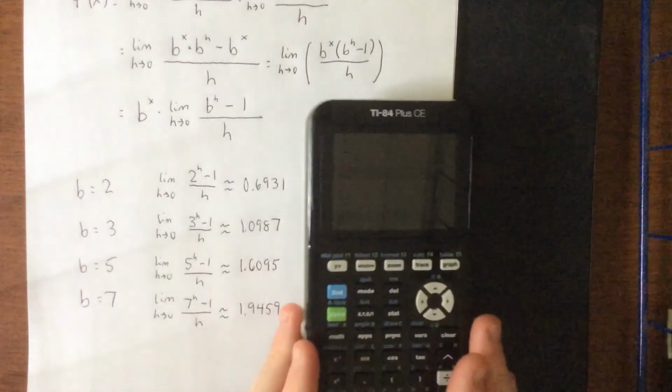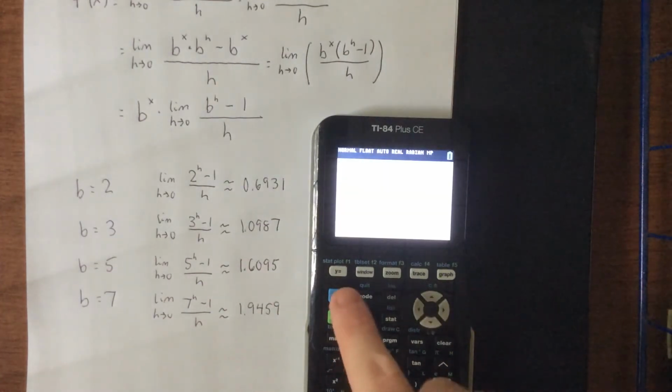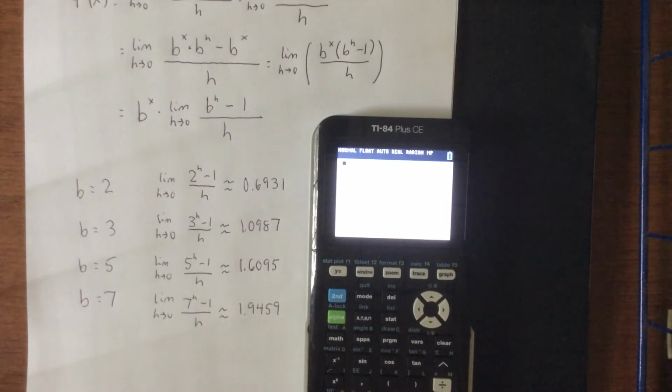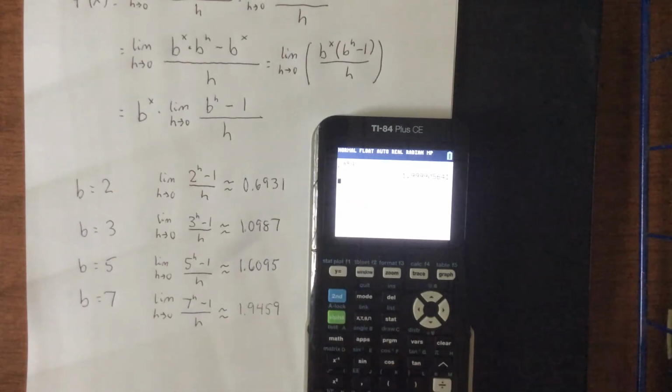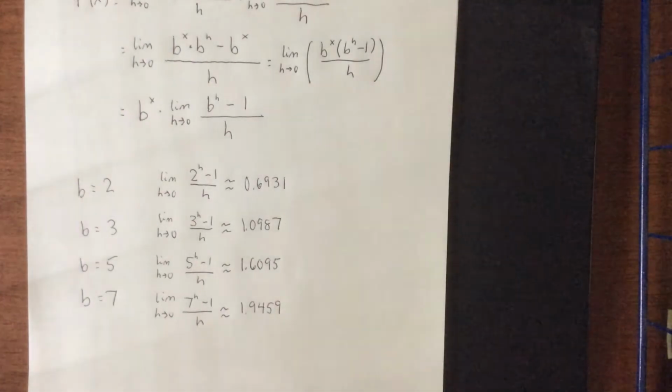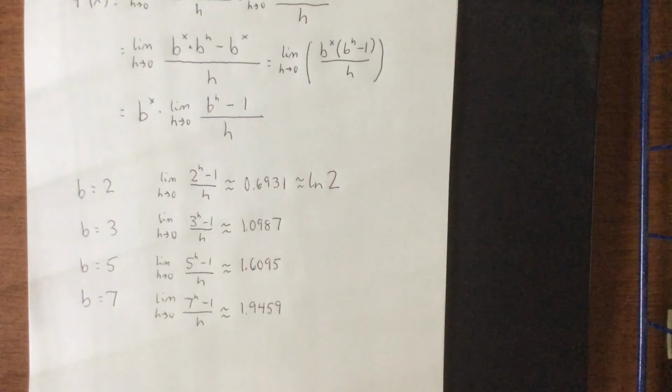But then, if I raise e to each of these powers, something pretty magical happens. So this is for the 0.6931. Turns out that number is about 2, which means that the original number would be the anti-exponential of 2, also known as the natural log of 2.